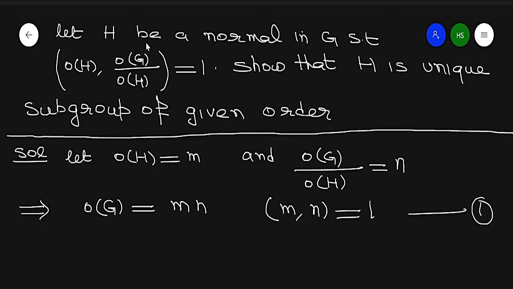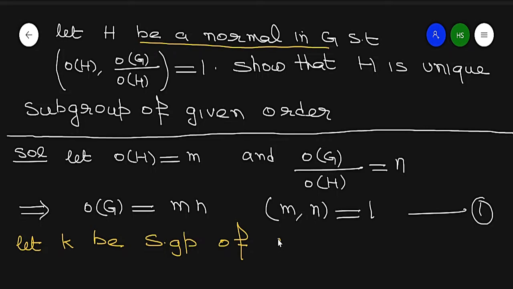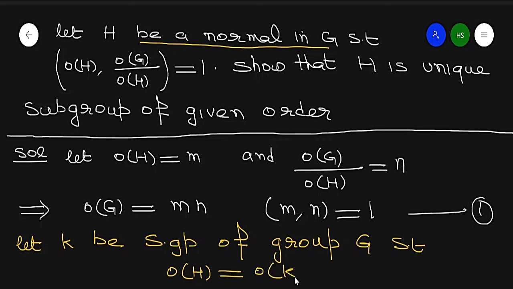Now H is given, which is normal in G. So I take some other subgroup such that the order of H and the order of that group are the same. To prove the uniqueness, let K be a subgroup of group G such that the order of H and the order of K are the same.